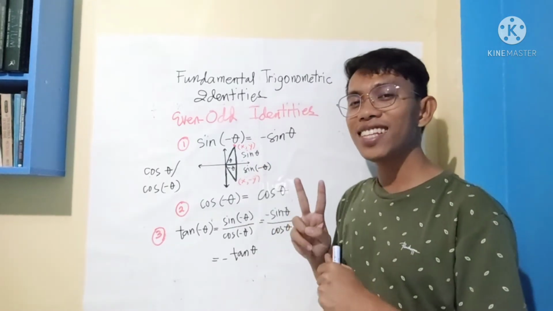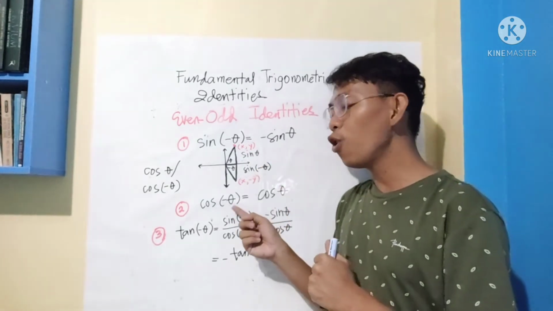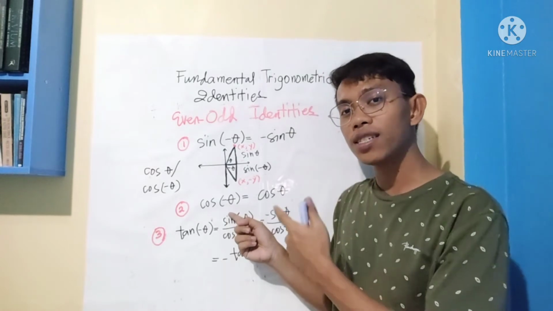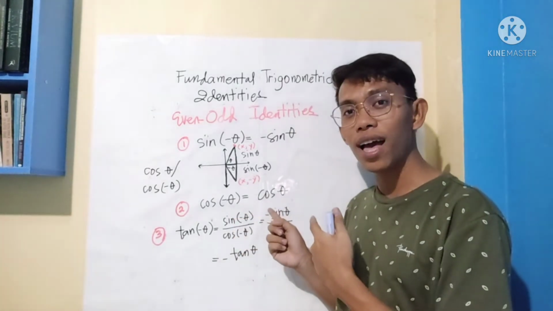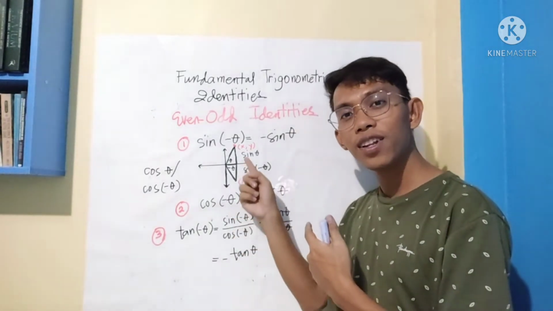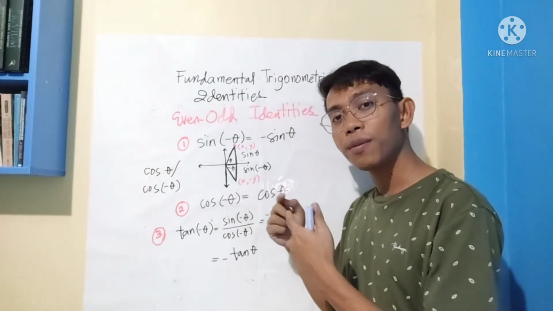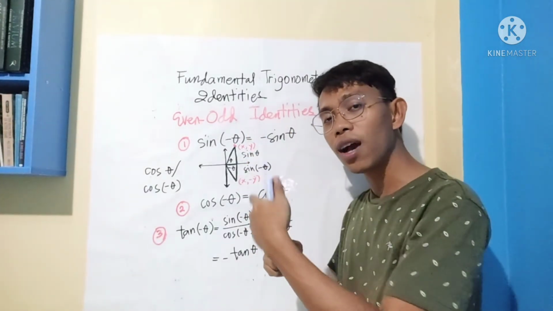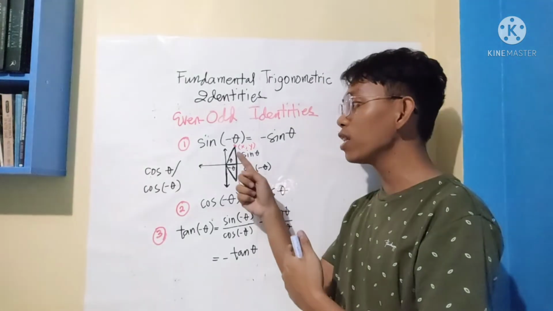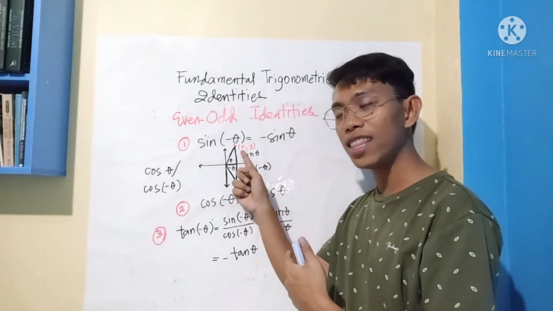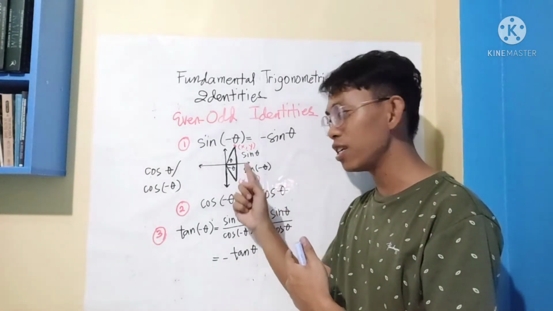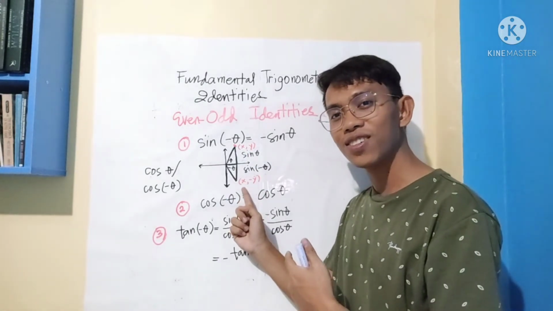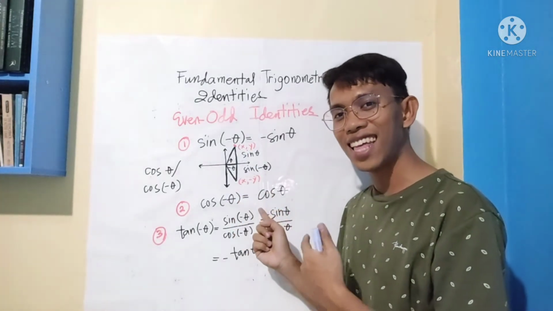Our second identity naman, it tells us na pareho yung cosine nung negative ng isang angle dun sa cosine nung angle. And using the same illustration, whether mag-rotate man tayo pa counterclockwise or pa clockwise, pareho lang naman yung x-coordinates natin. So, if positive siya here, positive rin siya rito. So, that explains this identity.